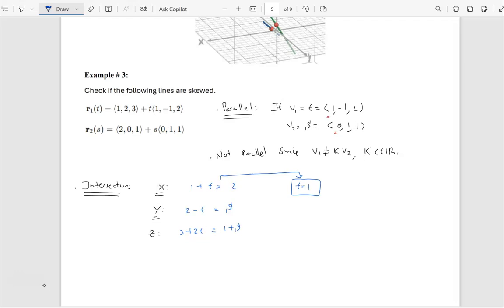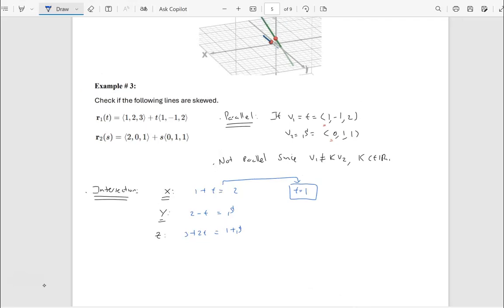Then if we plug it into any of the equations, let's evaluate t is equal to 1 into the second equation. So you're going to have that s is equal to 2 minus t, or s is equal to 2 minus 1, or s is equal to 1 as well.